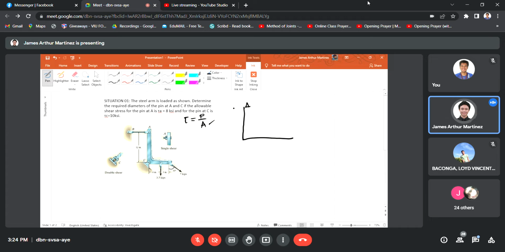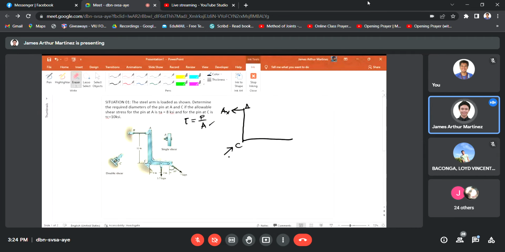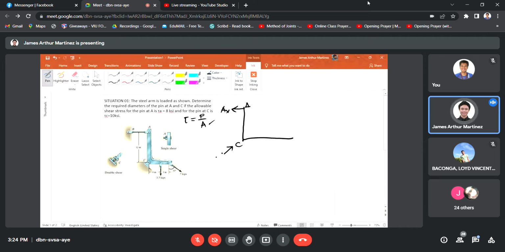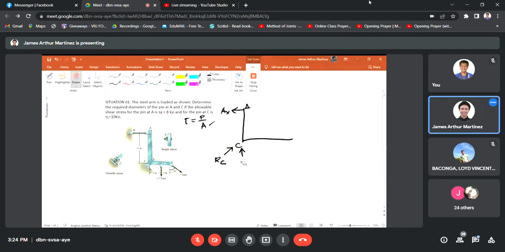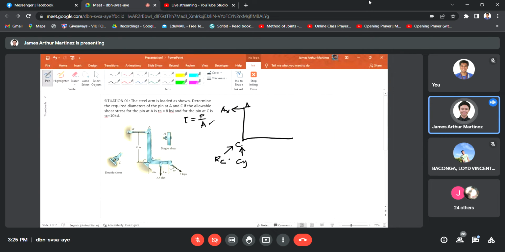So this is point A. And then point C. This is a pin support, meaning it has only one reaction, since we know that pin supports have only one reaction and it should be perpendicular to the surface. That is the orientation of the force at C. So I will label it as RC, since we will resolve it into X and Y components to make it easier to analyze. If we resolve it into X and Y, you have CY and CX.